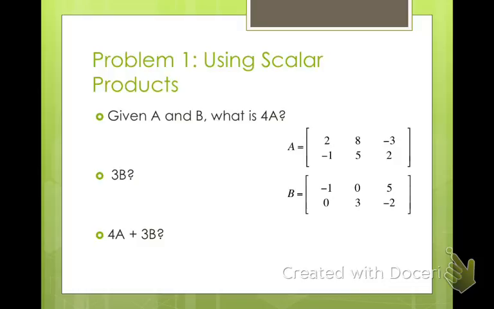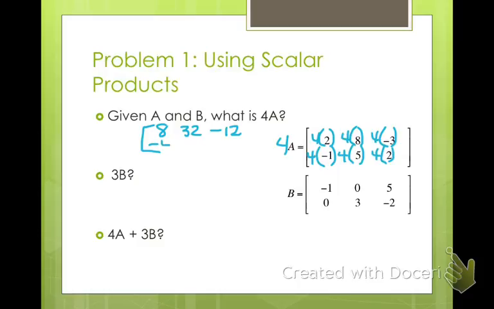So to find 4A, we just distribute 4 through to everything. And remember, this is multiplication, so 4 times 2, 4 times 8, 4 times negative 3, 4 times negative 1, 4 times 5, 4 times 2. So our matrix 4A would be 8, 32, negative 12, negative 4, 20, and 8.